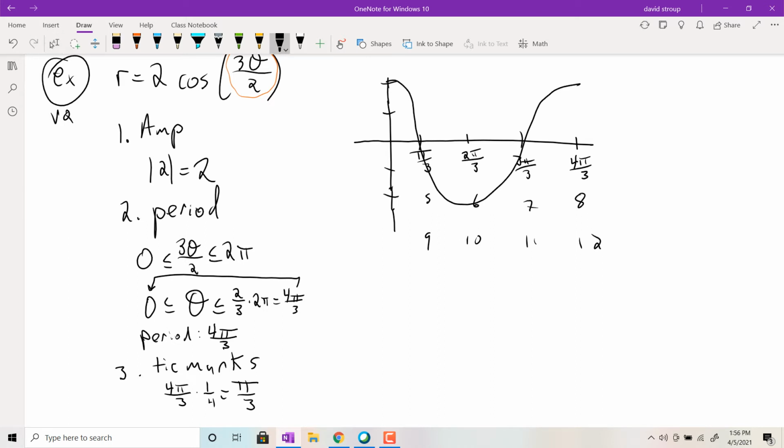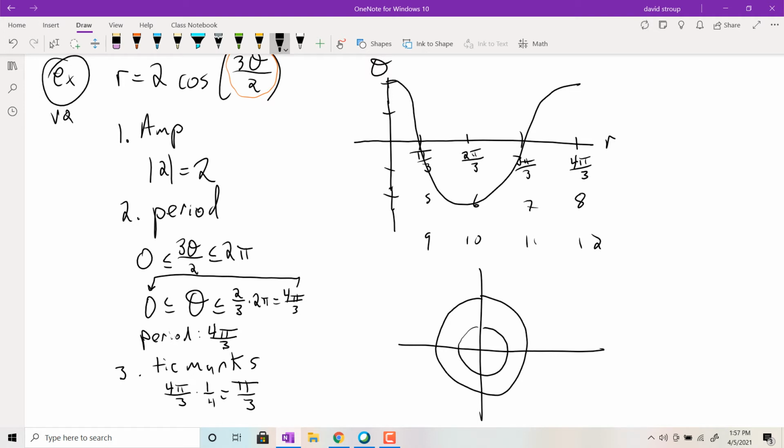Okay, so then I'm going to go to my xy plane and plot this stuff. So this is currently the r theta plane. But I just need 2 circles this time. And then I'm going by pi over 3s, so I'm going to let my angles in my xy plane also be pi over 3s.